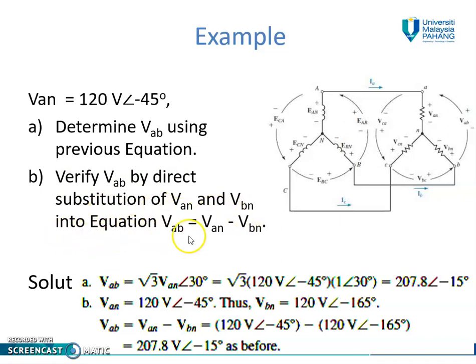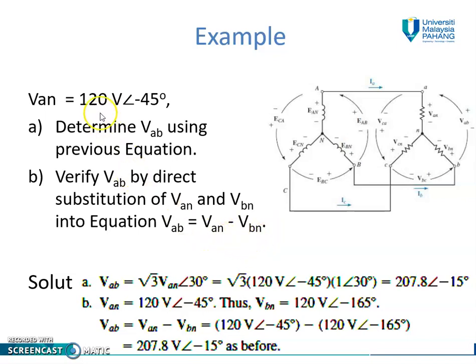So the next question, verify the line voltage VAB by direct substitution of VAN and VBN into the equation VAB equal to VAN minus VBN. So you need to verify that the value of VAB, which is 207.8 at negative 15 degrees, is equal to the phase voltage VAN minus the phase voltage VBN.